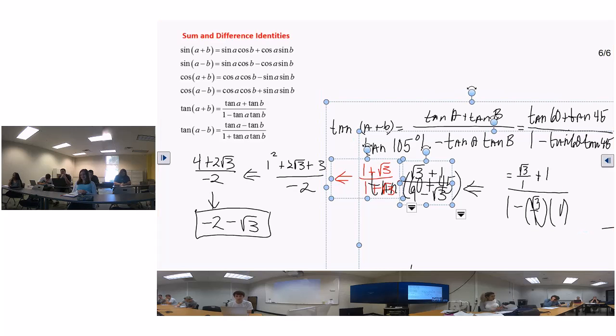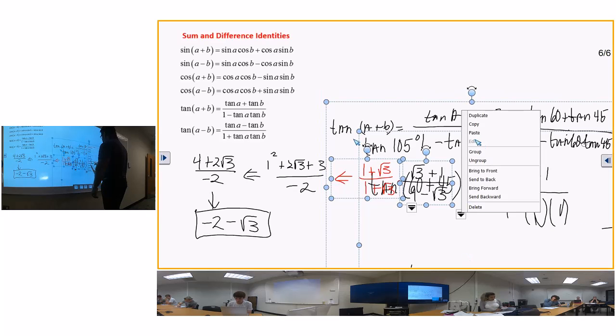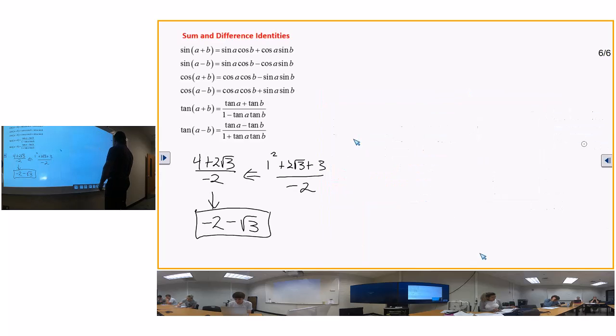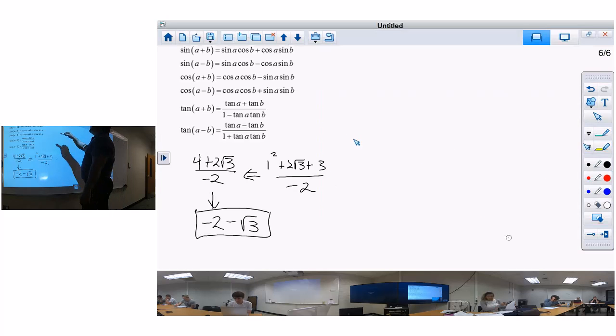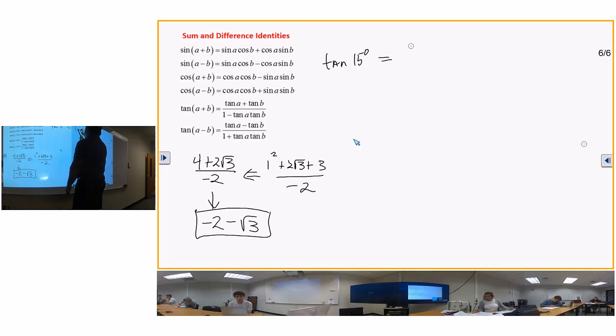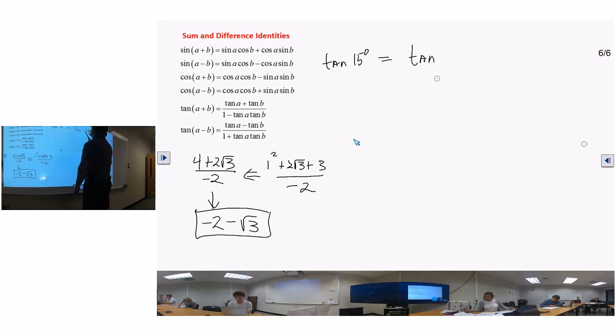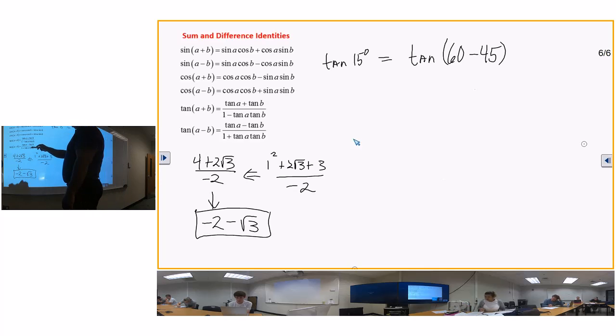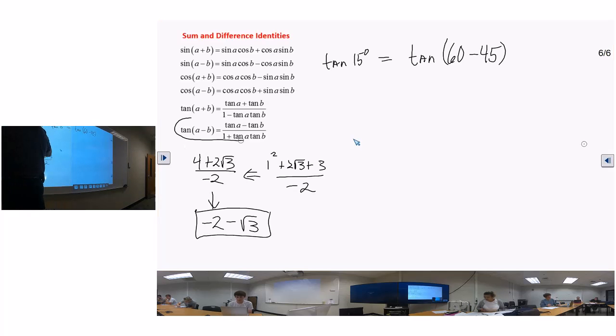All right. Do the tangent of 15 degrees. Tangent of 15 degrees, and I'll just go ahead and tell you, we said it a while ago, is equal to the tangent of what? 60 minus 45. So now you take 60 and 45 and plug it into this one right here.